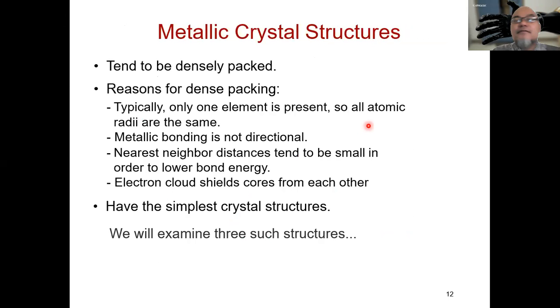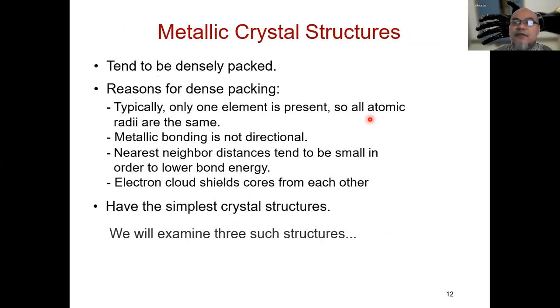So for example, metallic crystal structures tend to be densely packed. And why do they need dense packing? Because usually only one element is present within a metallic material. That is why all the atomic radii are the same.